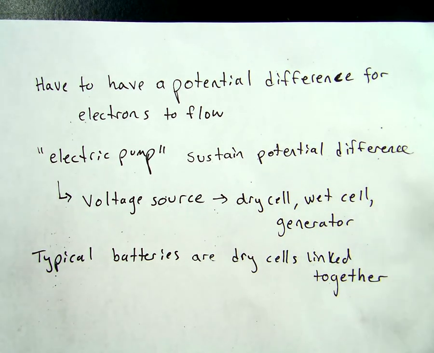Dry cells and wet cells just mean that there is a chemical reaction going on. If you think about a battery that has leaked its acid out, you've seen evidence of that chemical reaction. So that is what we should think about when we think dry cell, and think about a typical battery.